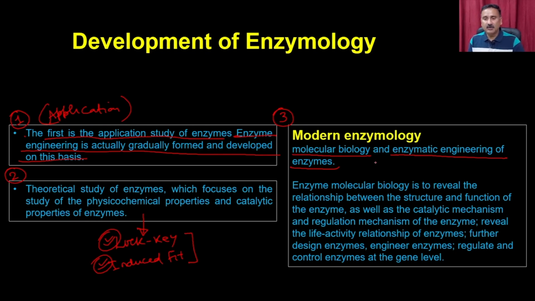So enzyme molecular biology is to reveal the relationship between the structure and the function of the enzyme, as well as the catalytic mechanism and the regulation mechanism of the enzyme. It reveals the life activity relationship of the enzyme. Further, you design the enzyme, engineer the enzyme, and regulate and control the activity at the gene level, which means you can do knockouts of the enzyme, you can do knock-ins, you can overexpress the enzymes in different organisms, and so on.